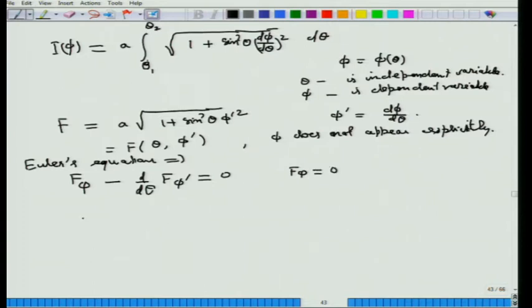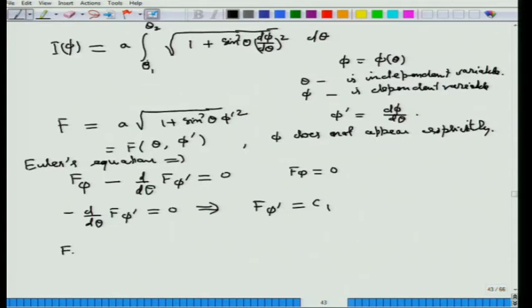So, we get minus d by d theta of f phi prime equal to 0. This implies that f phi prime equal to C1. So, the first integral is readily available here, and that is f phi prime equal to C1.